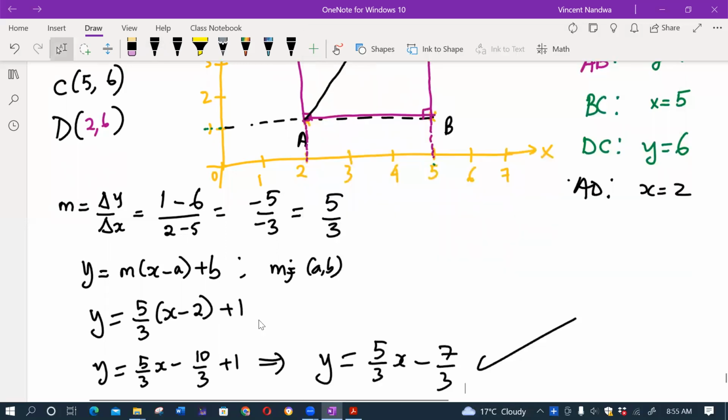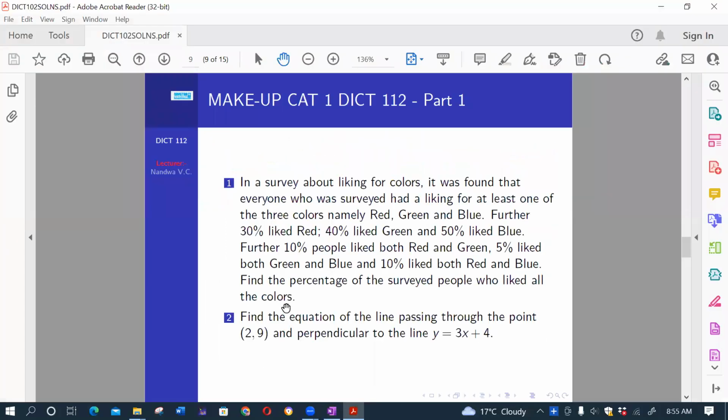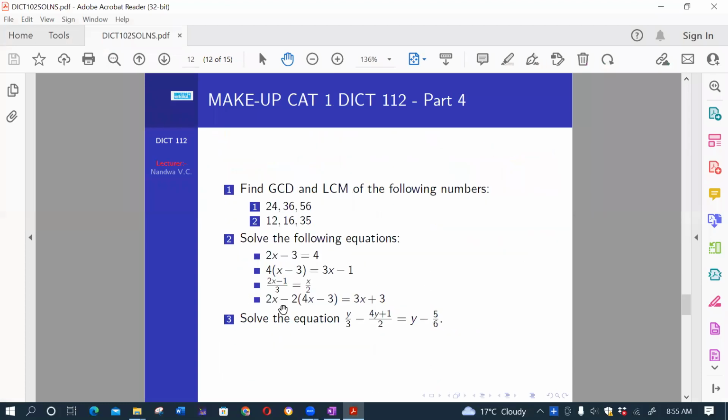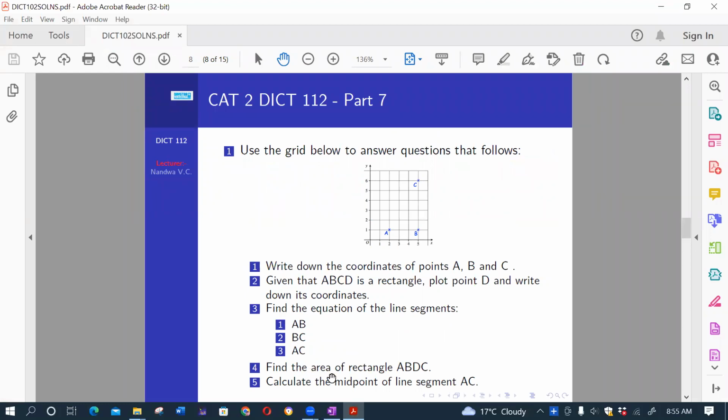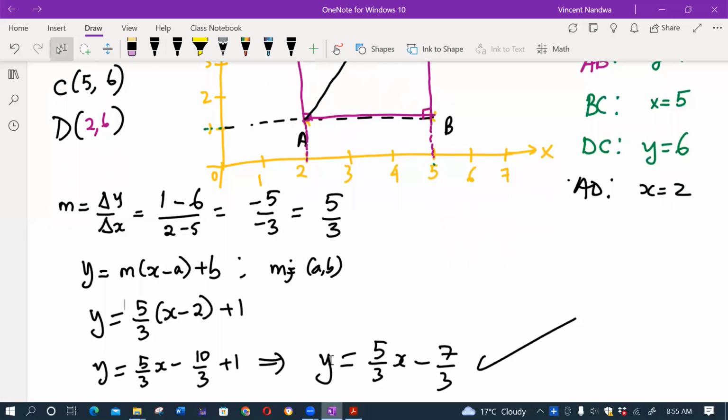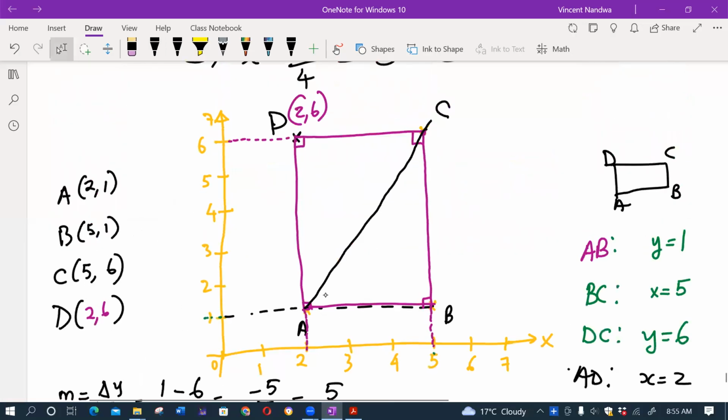The next question was to find the area of the rectangle ABCD. Area is length times width.